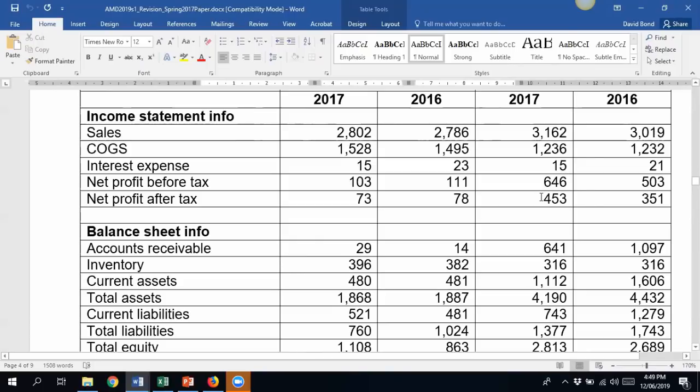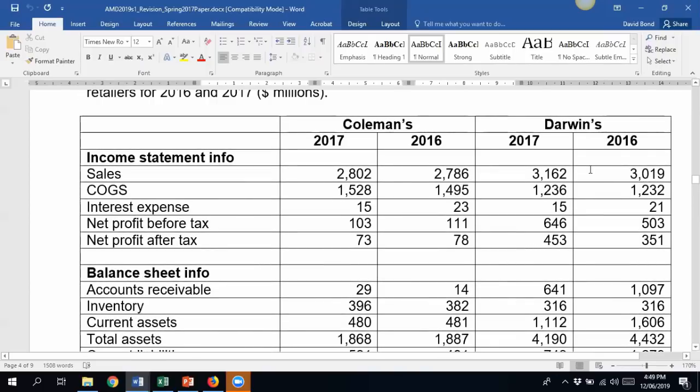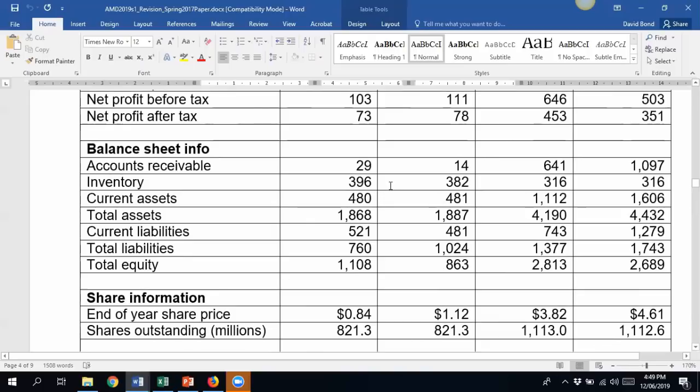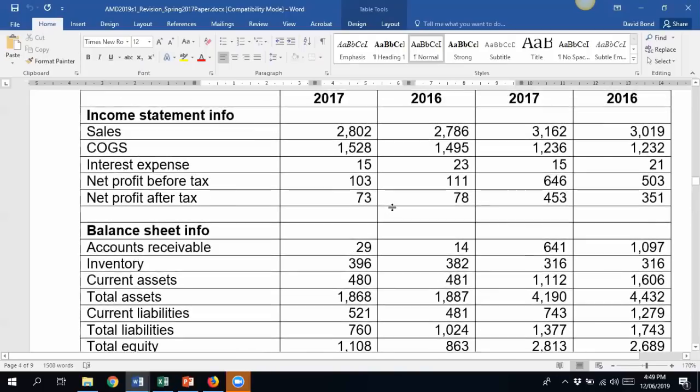On the other side, profit has gone up substantially. This is a much more profitable company, and even before we get to the ratios you can see the direction it's going. Granted, we're looking at just 2 points in time, but the direction is much more favorable than what's happening on this side.